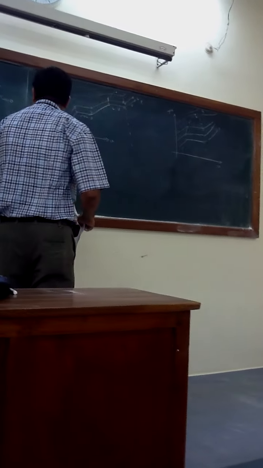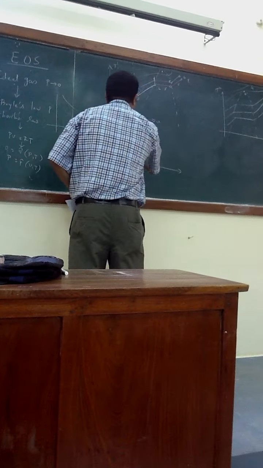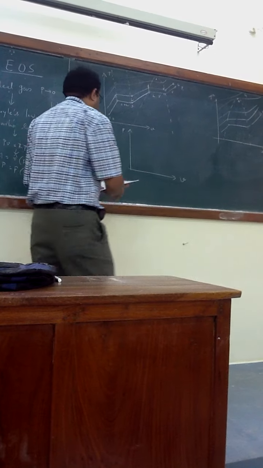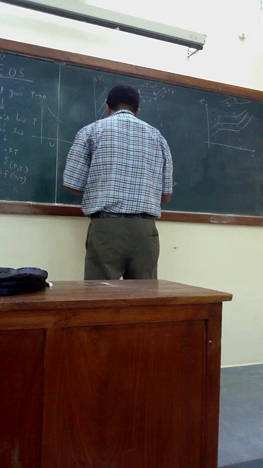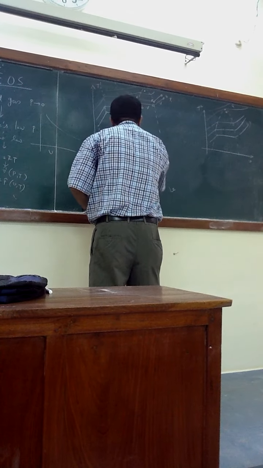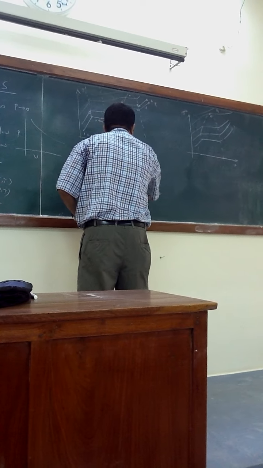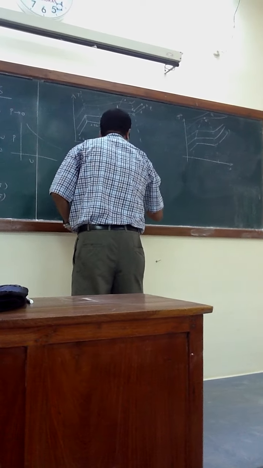So if I want to draw the PV diagram, what actually happens to the PV diagram? The PV diagram will look like this.